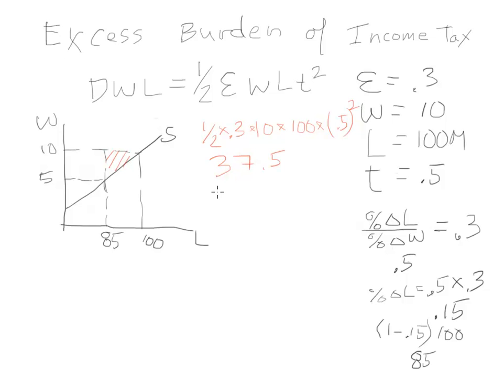So it's going to be 5 times 85, and I calculate 5 times 85 is about 425. So this area right here is my tax revenue.